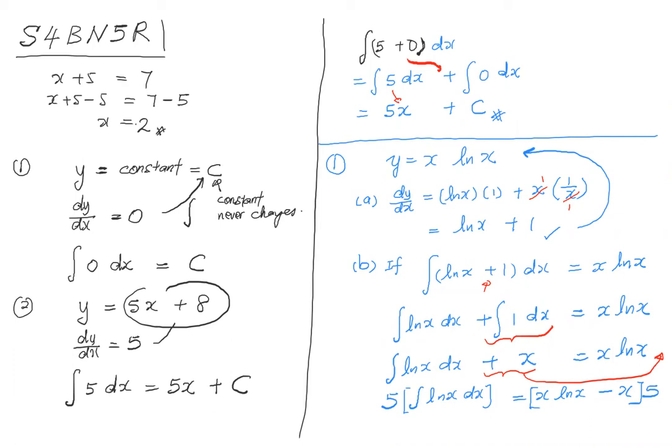So at the end, I get the answer that 5 times of this will be equal to 5 times of x ln x minus x. Then at the end, only I put a plus c. I'm done. So whenever you see an antiderivative question, this is a very important step. You start. Then you modify slowly.